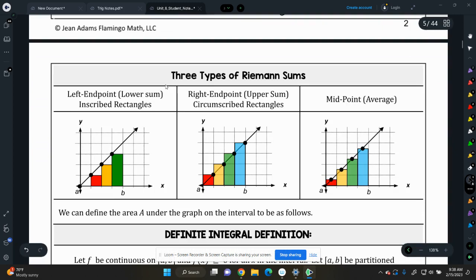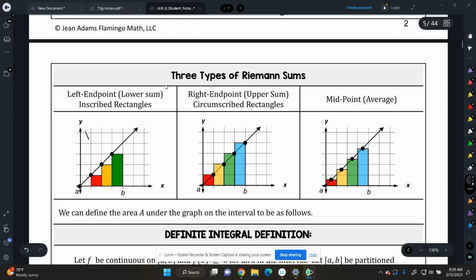Here are the 3 types of rectangular approximations. We have a left rectangular approximation, and when it's a concave down function, a left rectangular approximation is going to be an under approximation.